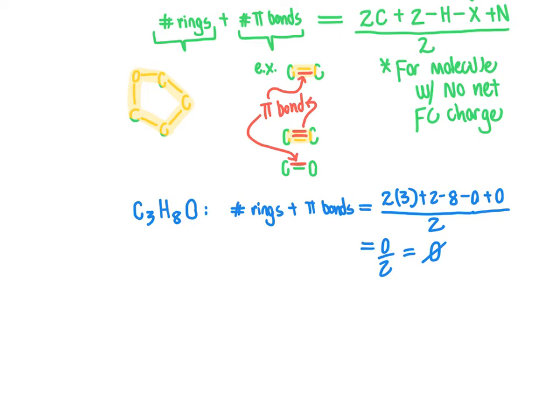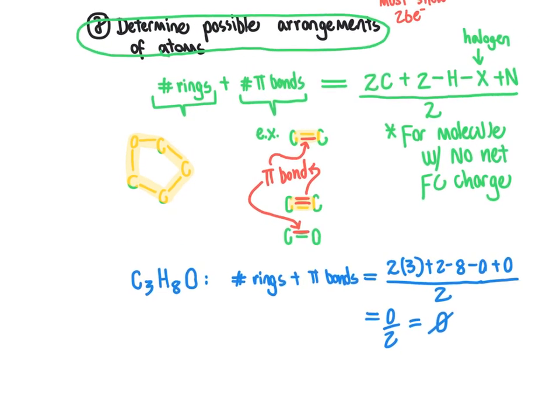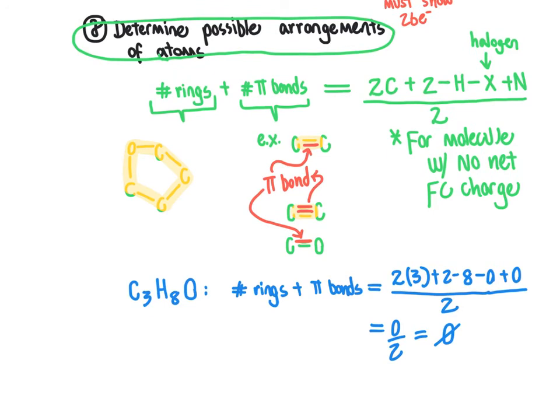So for C3H8O, usually when drawing out the possible structures, what I suggest focusing on first, the first 2 things are, number 1, determine how many rings and pi bonds there are, and number 2, determine the possible connections that you can put between all of the non-hydrogen atoms. So try to figure out all the arrangements of everything except for the hydrogen. So in other words, how can we connect 3 carbons and an oxygen to make all the different possible structures?